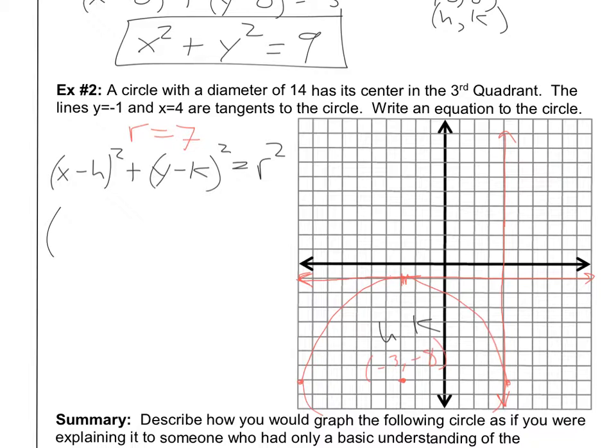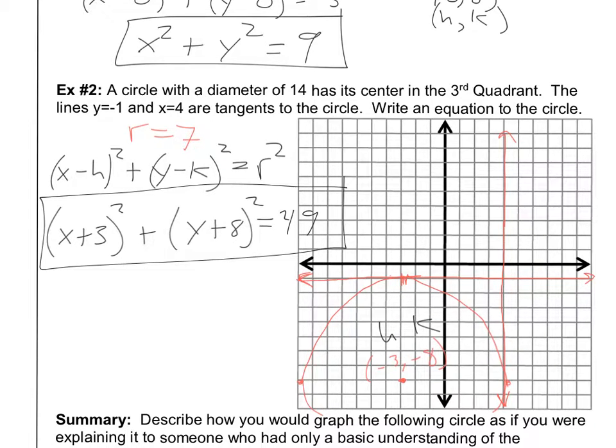Instead of x minus -3, we can just say x plus 3 squared, plus, instead of y minus -8, we could just say y plus 8 squared equals, and we already know the radius is 7, so when we square the radius, we get 49. And there we go. We found the equation for this circle with the descriptions that they gave us in the example.